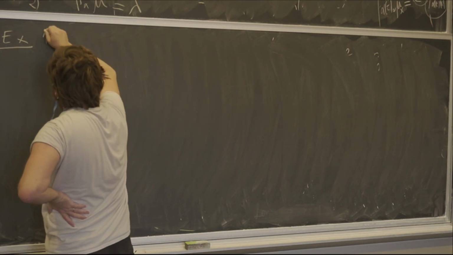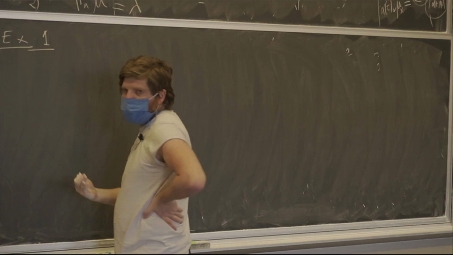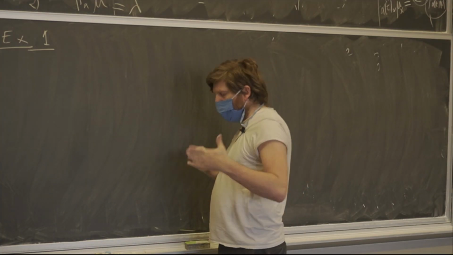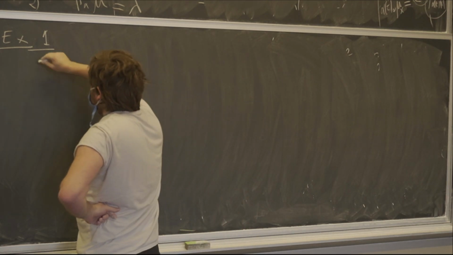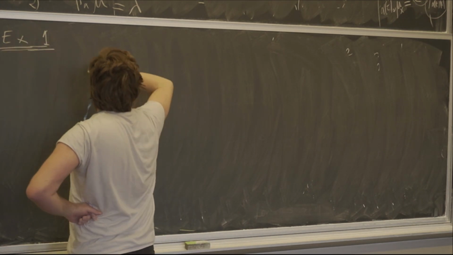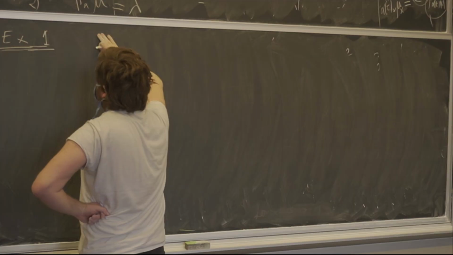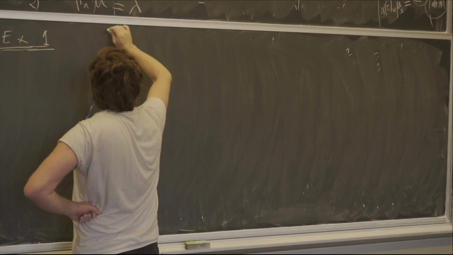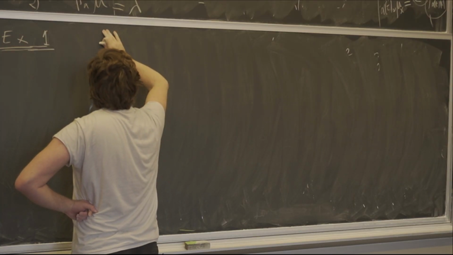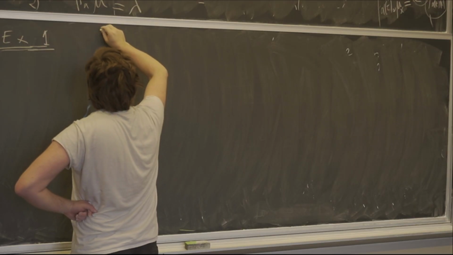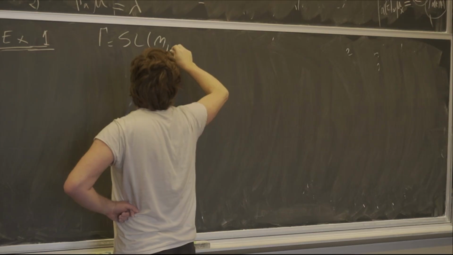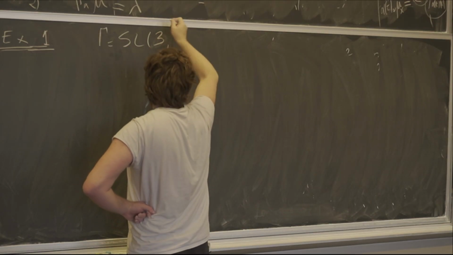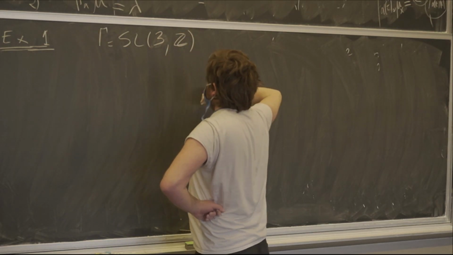Let me give first the fully positive example, which are the two paradigmatic examples. So the first example is: take gamma equals SL3Z.